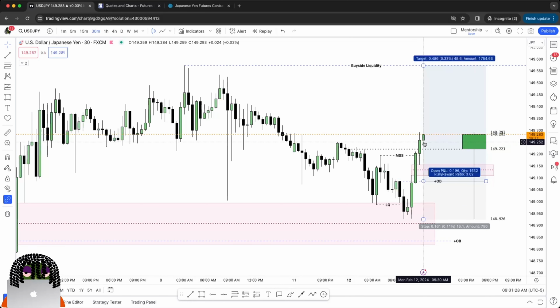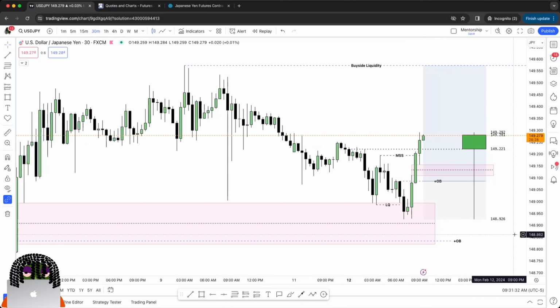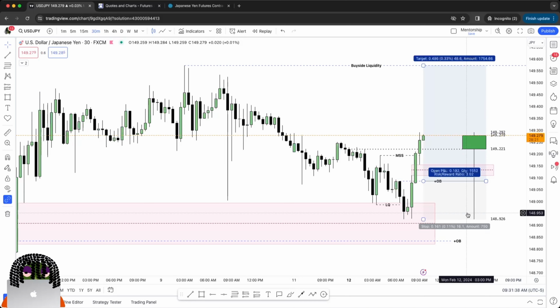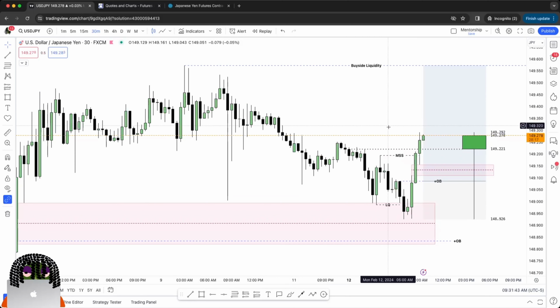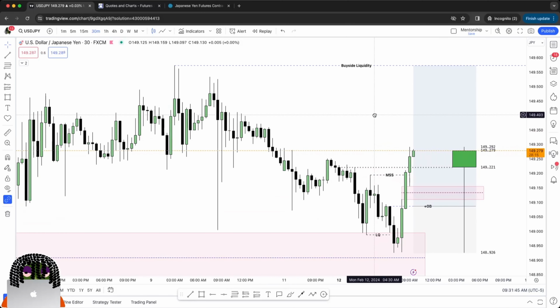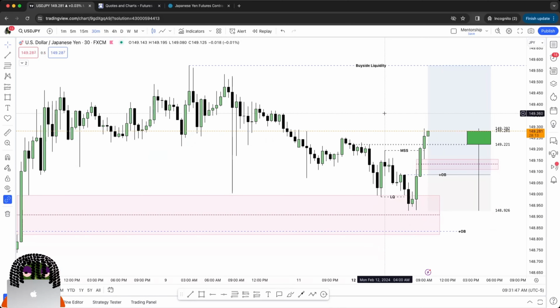It could take 2 candles after this candle, so that'll be 10:30. Imagine that, waiting on this chart looking for an hour.